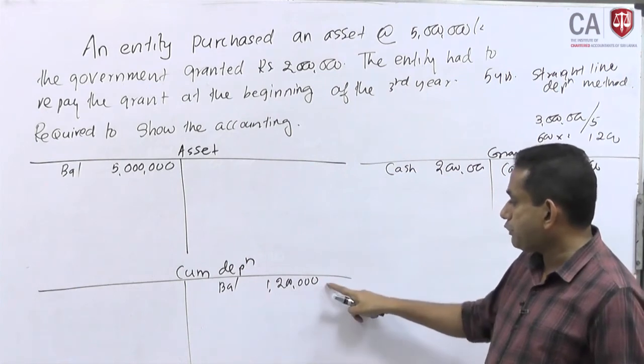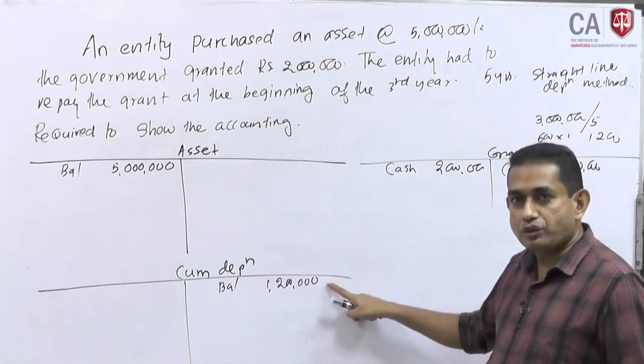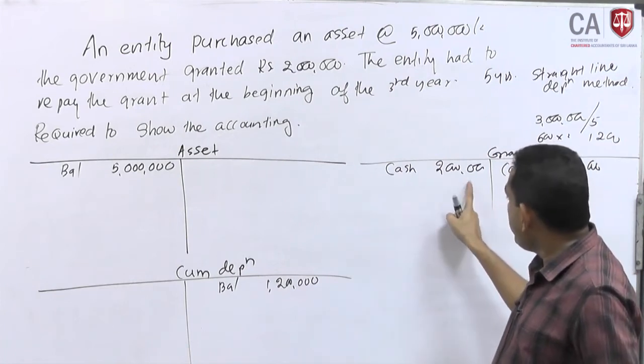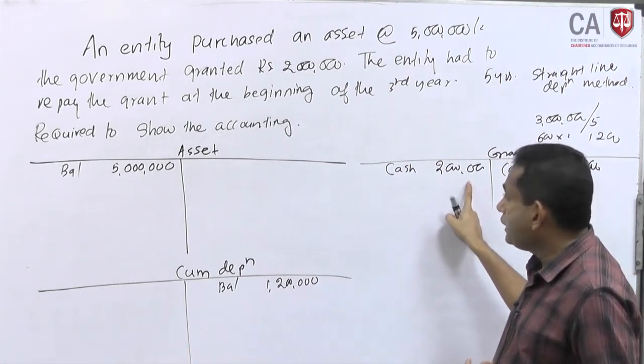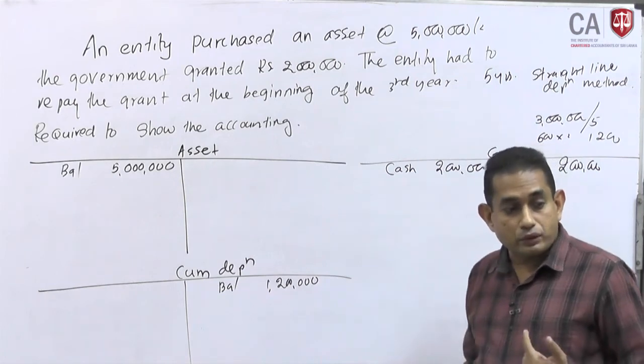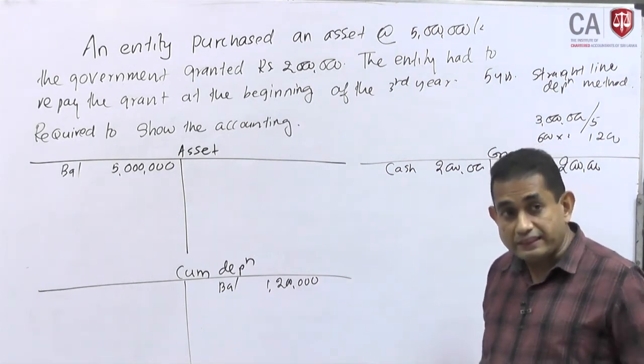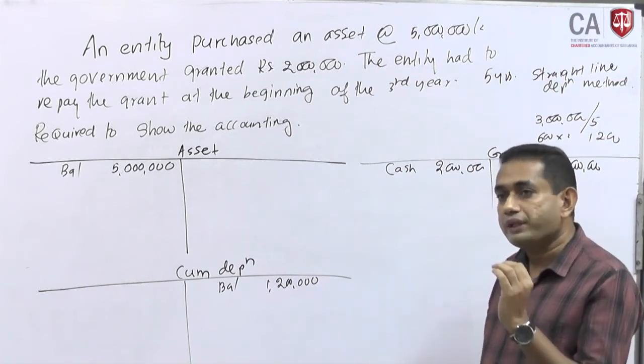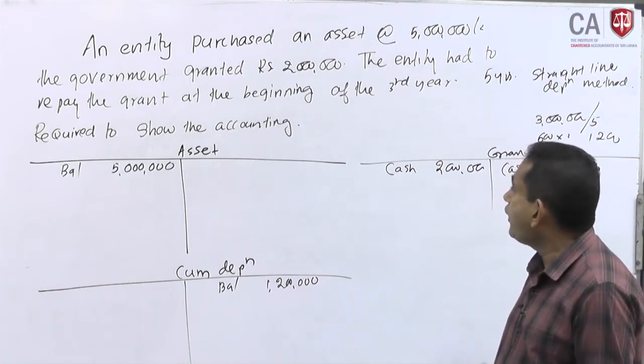Why? Depreciation figure by now has been based on the net cost of 3 million rupees. Since you paid your grant back, the value of the asset got restated at its original cost of 5 million rupees. So, you also have to restate your depreciation accordingly. How much?